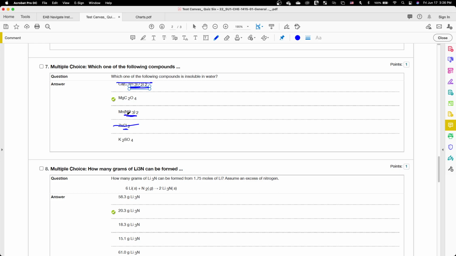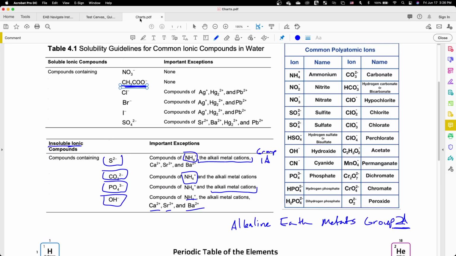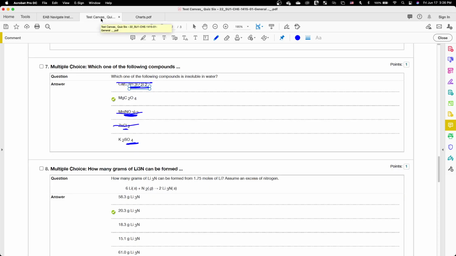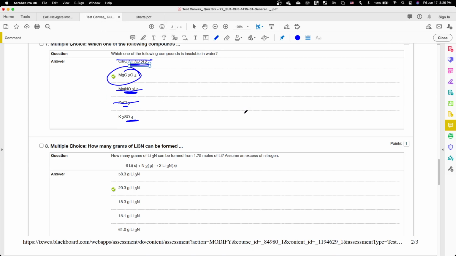And we know that nitrate compounds are all soluble too, so it can't be that one. And sulfate compounds, let's just make sure. Sulfate compounds are all soluble except for strontium, barium, mercury, and lead. And we had potassium sulfate, so that's definitely soluble. So the answer is this one. Again, all you had to do is look at the chart.